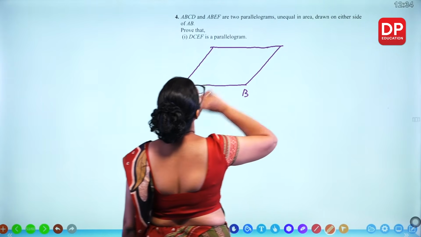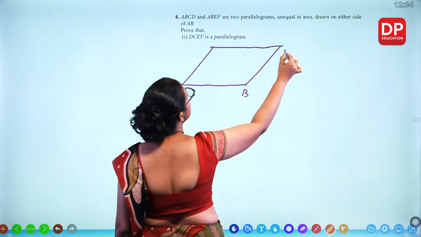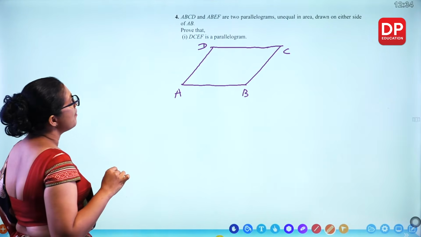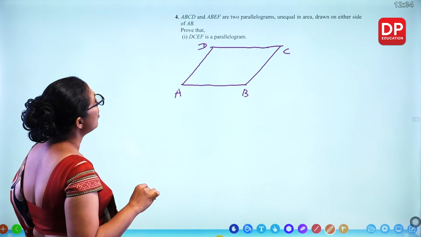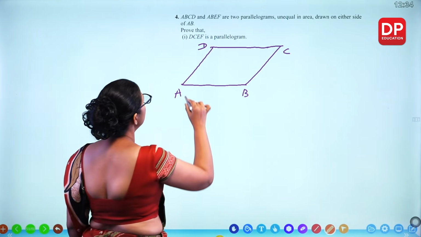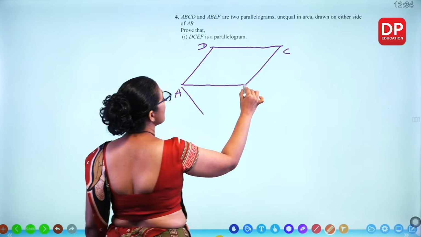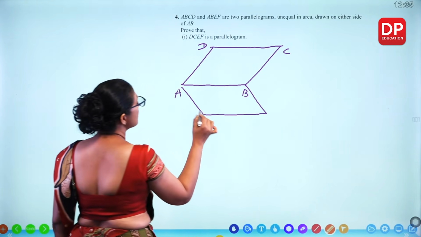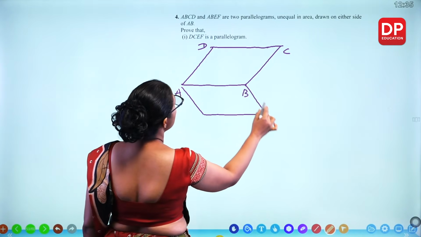ABCD is one parallelogram, and I can draw another parallelogram, something like this, that's ABEF.